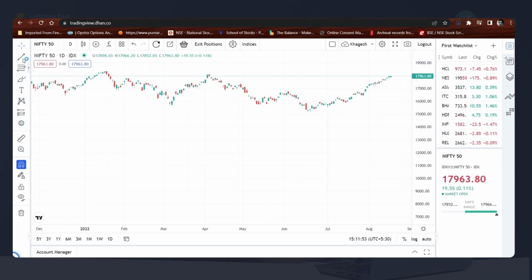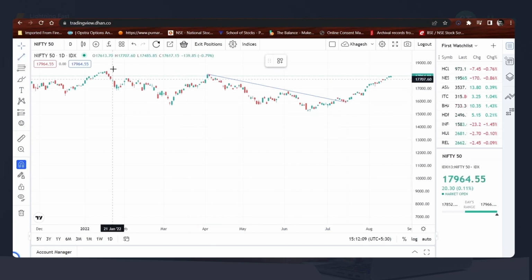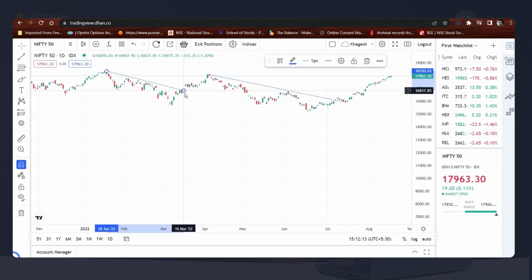Second, if I select a particular indicator or tool and if I draw a line from, let's say, this point to this point, then after I finish the first instance of the drawing, I will again have to go and click on that indicator if I want to draw another trend line. So to avoid that duplication of effort, I can stay in the drawing mode.